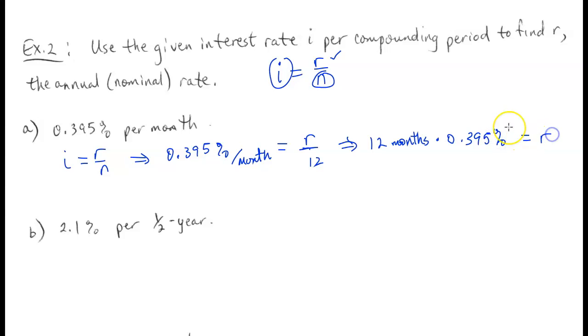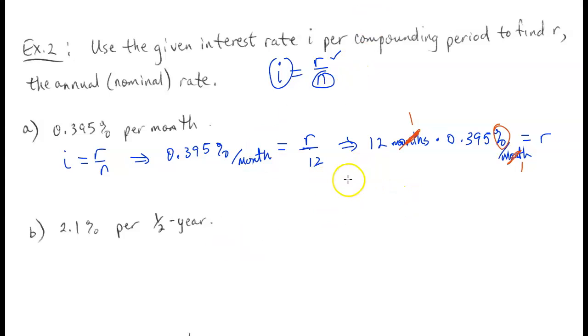And that's just going to be equal to R. And here we know that this unit and this unit will end up reducing to 1. And so all that's left is the percentage unit here.